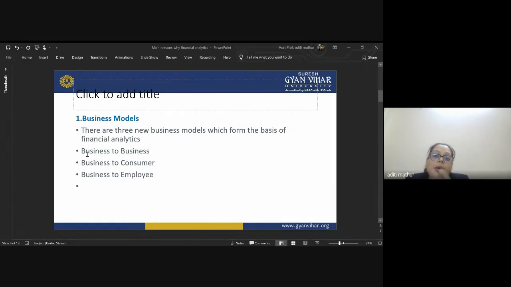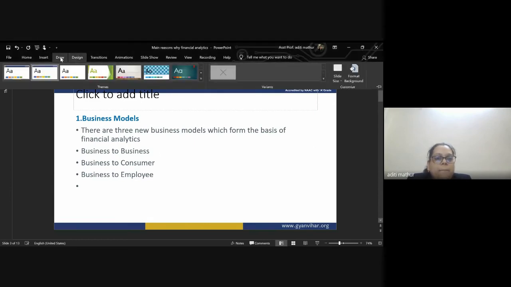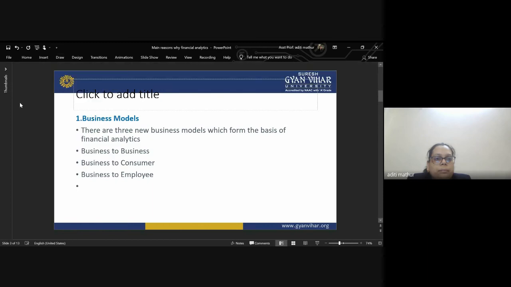also need your financial analysis, right? So now there are three types of new business models which have come up into the market, and these three models need their own different financial analysis. One is business to business, जिसे आप क्या कहते हैं, B2B, right?